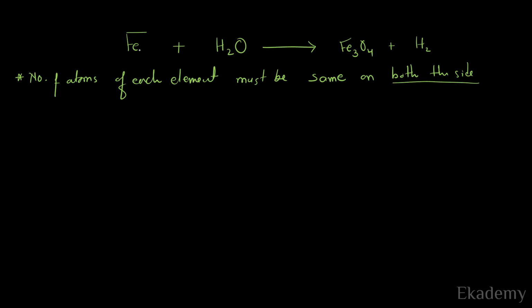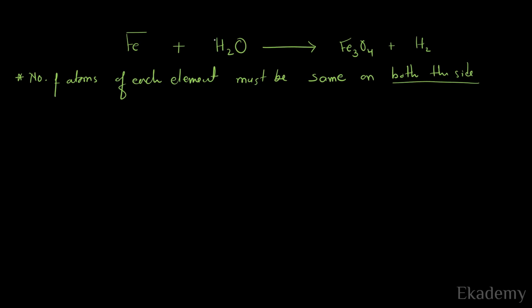Now, the number of atoms of iron is only one, Fe, only one Fe. And at the product side, what we can see is there are 3 atoms of iron, right? So iron is not balanced. Then what about hydrogen?